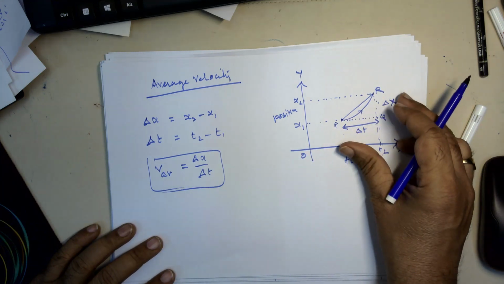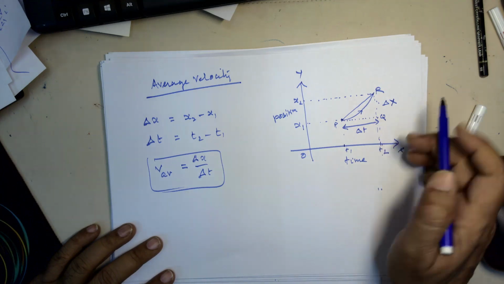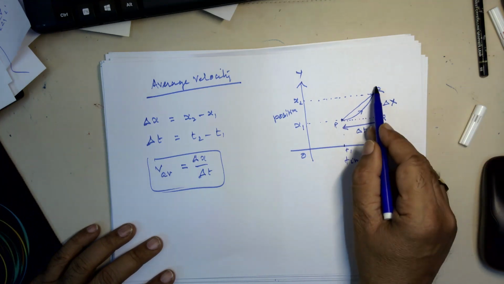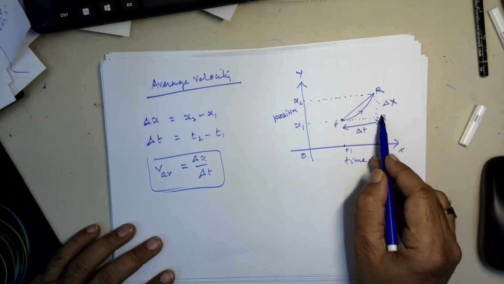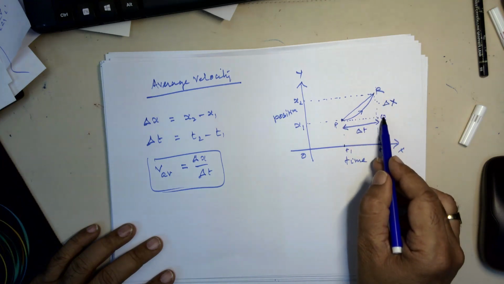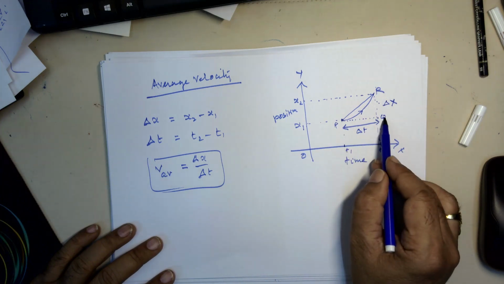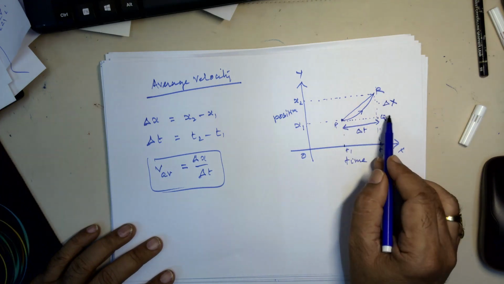So what is the slope of the line? It is delta x divided by delta t. Delta x means RQ divided by QP, or PQ.